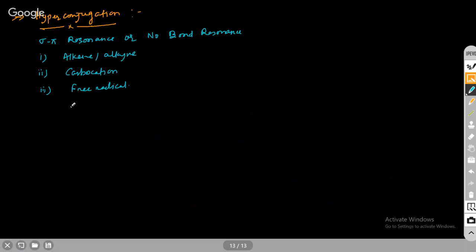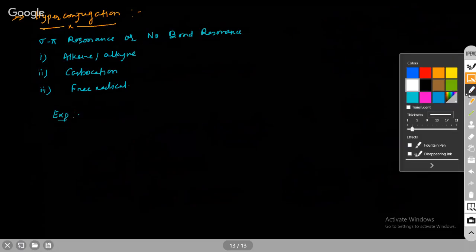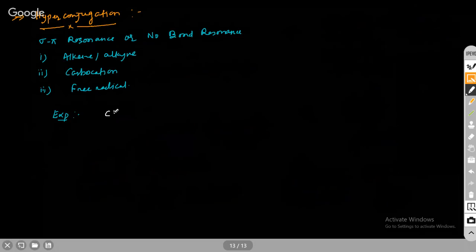For carbocation, if I draw this structure, suppose we have CH2, CH3, CH double bond. For hyperconjugation, the condition is we must have sp3 hybridized alpha hydrogen, at the alpha position. So what happens because of this?